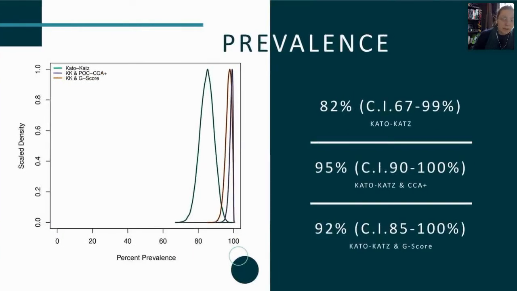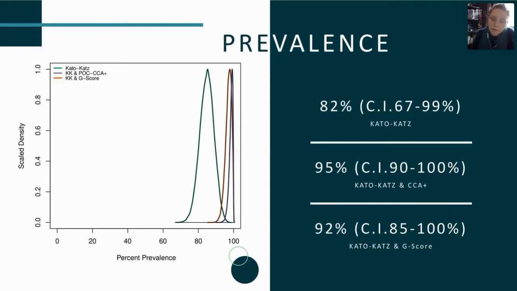Okay, so if we first look at prevalence pre-treatment, estimated by each of the 3 models, there are 3 models here. One is parameterized with just CAT-CATs, one is parameterized with CAT-CATs and CCA+, and one is parameterized with CAT-CATs and G-score. Sorry, these peaks here are supposed to be filled with color, so you might not be able to see those so well. This one here is your CAT-CATs.